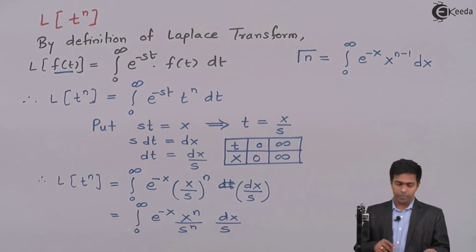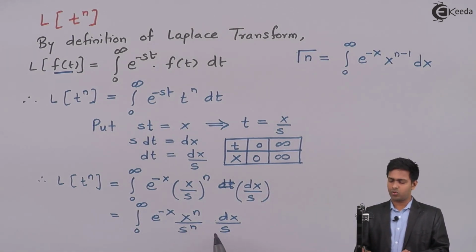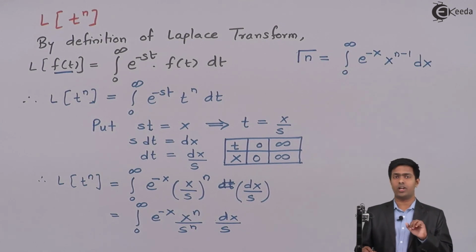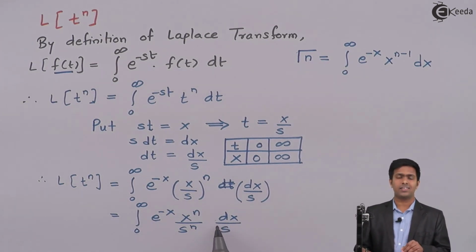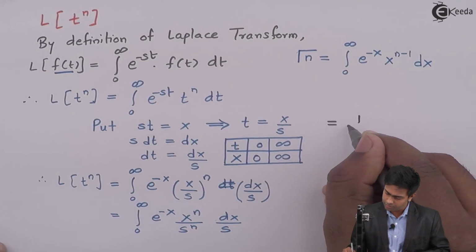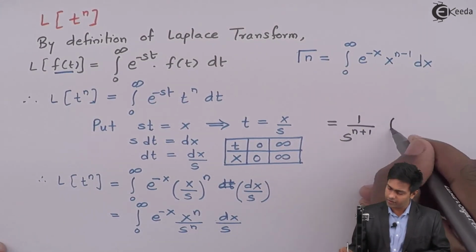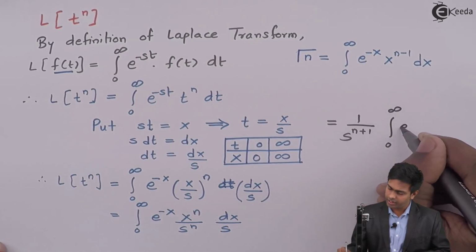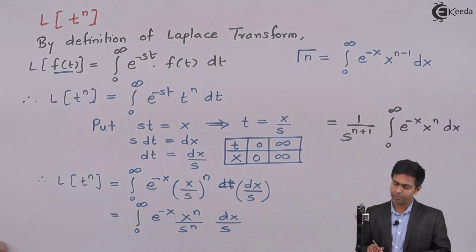If we multiply these two terms, then we'll get s raised to n into s raised to 1, that is s raised to n plus 1. Since we are integrating with respect to x, s is constant, so I can take it outside. So we'll get 1 upon s raised to n plus 1 outside. In the integration we'll get 0 to infinity e raised to minus x, x raised to n dx.